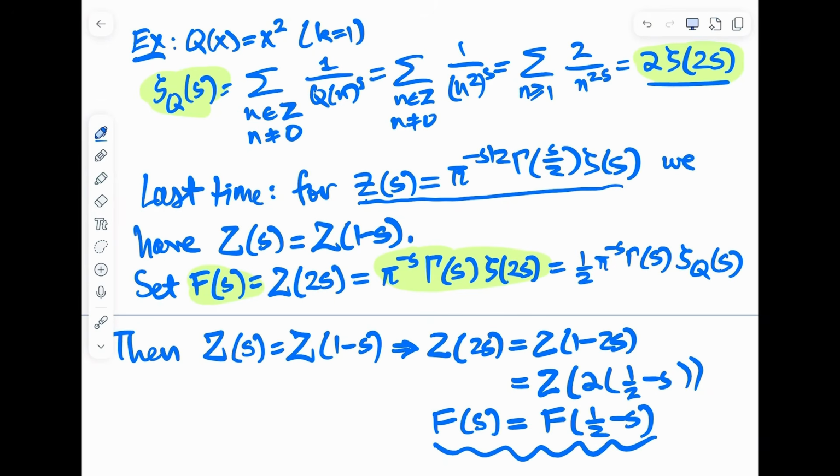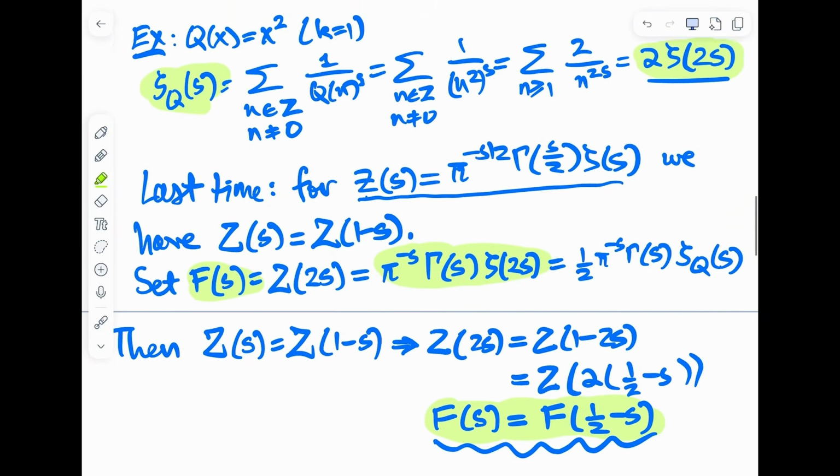But in any case, so there is our completed, in this language of quadratic forms, the zeta function of x squared has a completed version. You multiply by pi to the minus s times gamma of s, and then with or without an extra factor of 1/2, and then you get that function extends to the complex plane, its value at s and 1 minus s is the same. Okay?